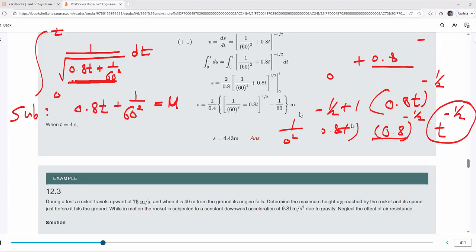Look at the original integral, let's call it I. We have the t variable. Now we substitute 0.8t plus 1 over 60 squared for u. Then we need to change dt to du. This is called the differential. Do you remember differential?